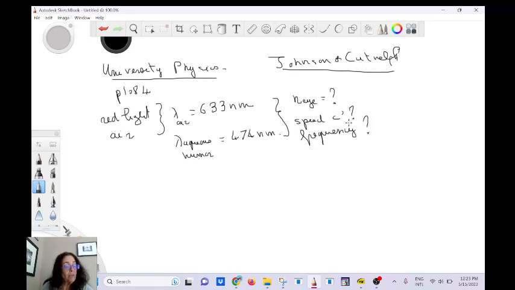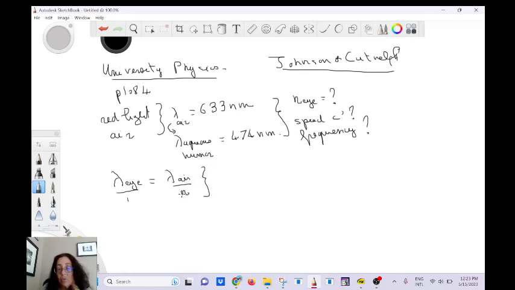So you can pause the video and try that. What is nice is that you go from air, which has an index of 1, to that liquid. That means that the wavelength in the eye is just equal to the wavelength in air divided by the index of refraction.